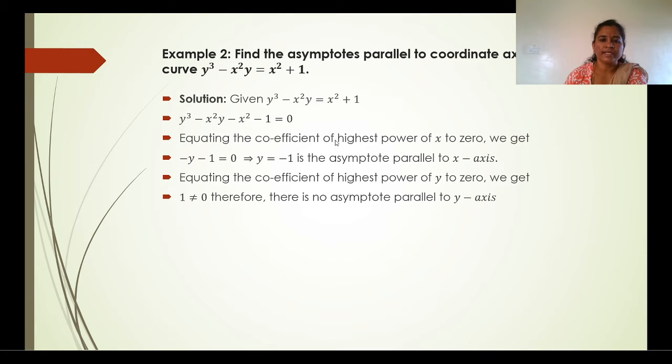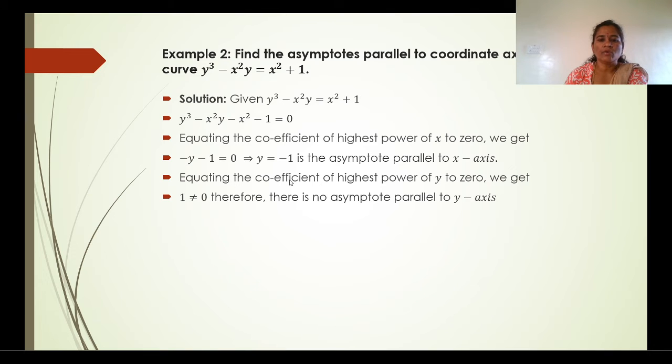Equating the coefficient of the highest power of x to 0, the coefficient of x square is minus y minus 1. So minus y minus 1 equal to 0. Then y equal to minus 1 is the asymptote parallel to the x-axis.